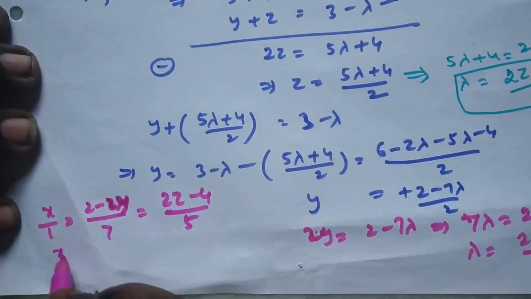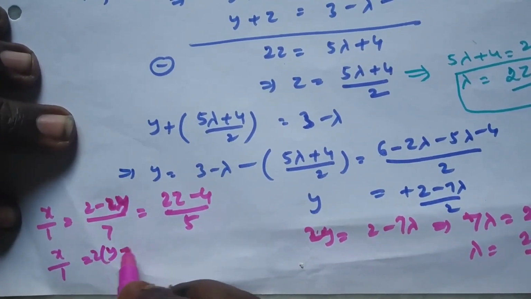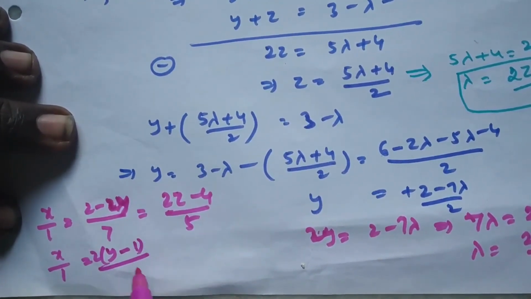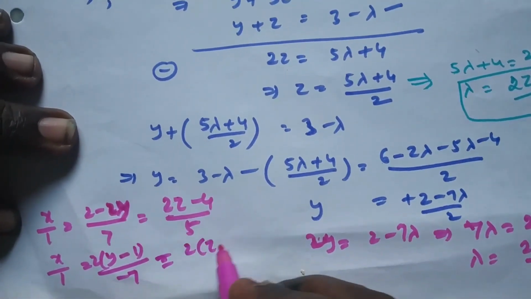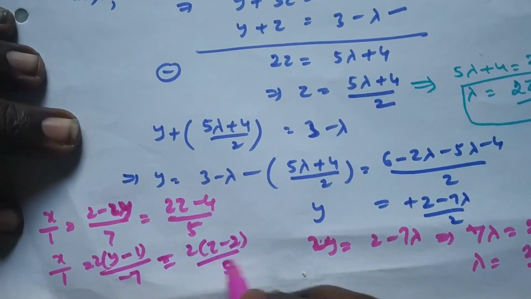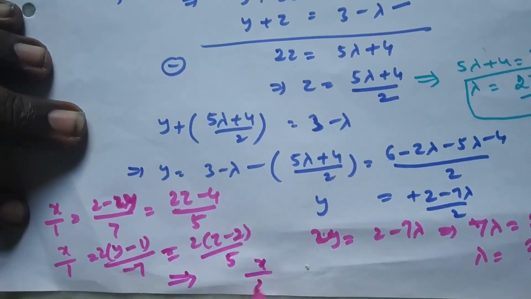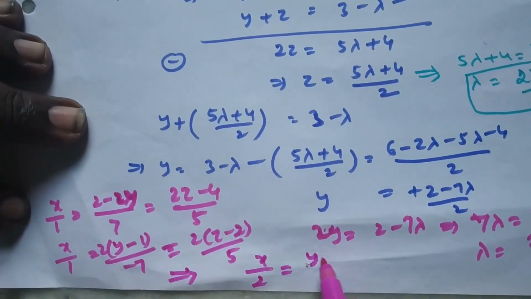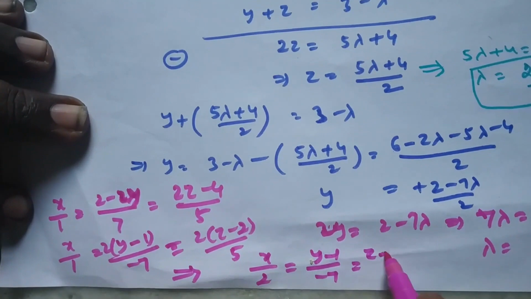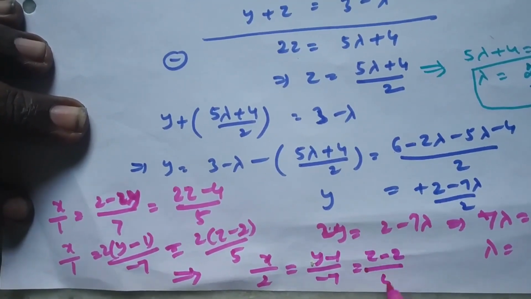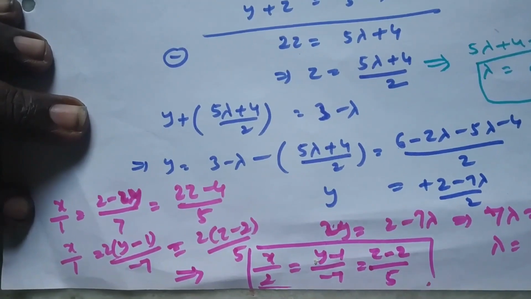This can be written as x by 1 is equal to 2 times of y minus 1 by minus 7 is equal to 2 times of z minus 2 by 5. Or this can be written as x by 2 is equal to y minus 1 by minus 7 is equal to z minus 2 by 5. This is the line of intersection of the two planes.